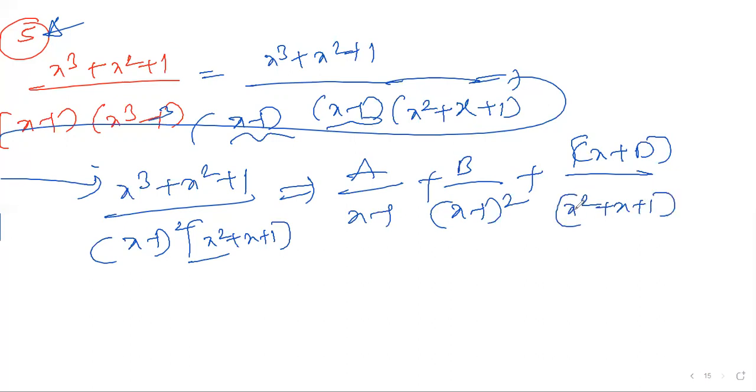After this, I'm expecting you to substitute x equal to 1. You'll get one answer, either A, B or C; I cannot show now. Substituting x equal to 1 gives an alternate.